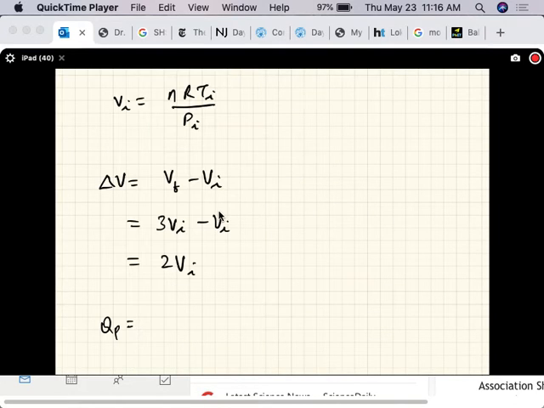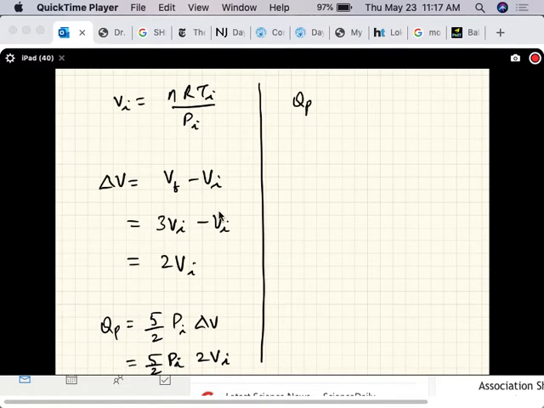All right, so we'll bring the expression for Qp here. Qp is 5/2 P, it's an isobaric process, so P is P initial, times delta V, which is 5/2 P initial times 2 V initial.